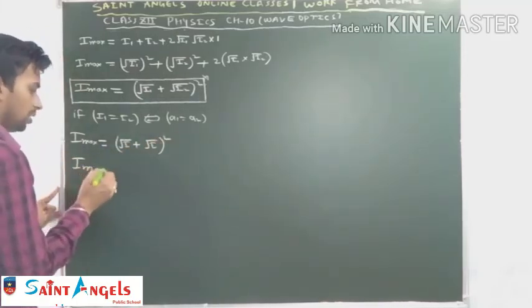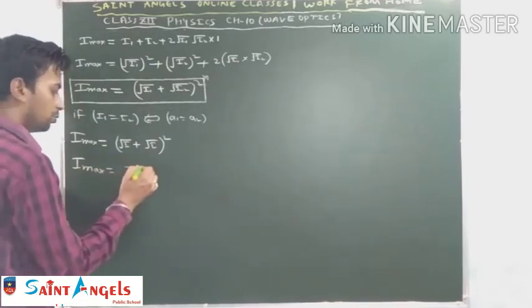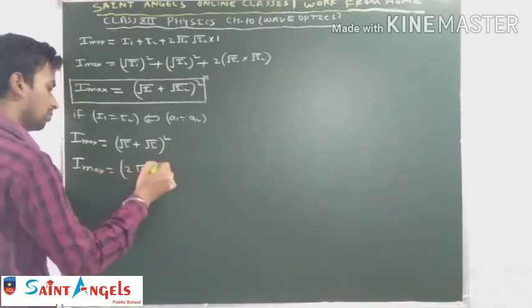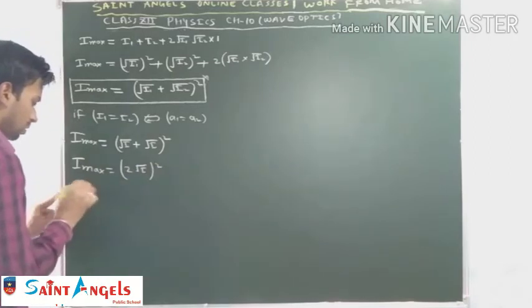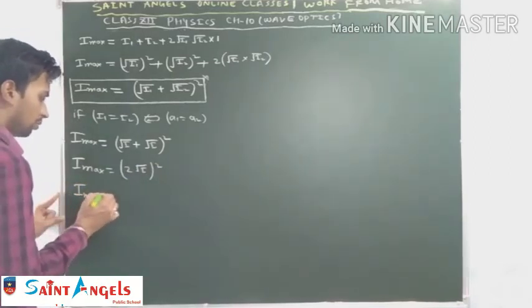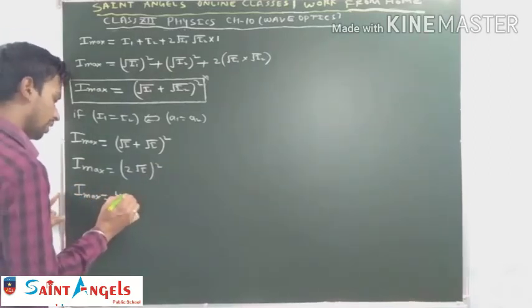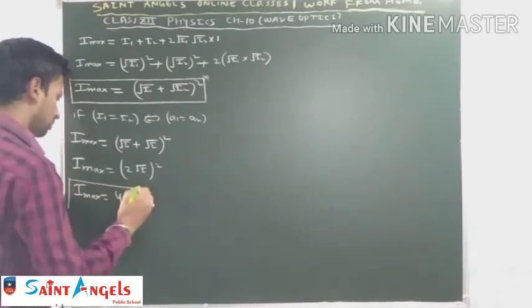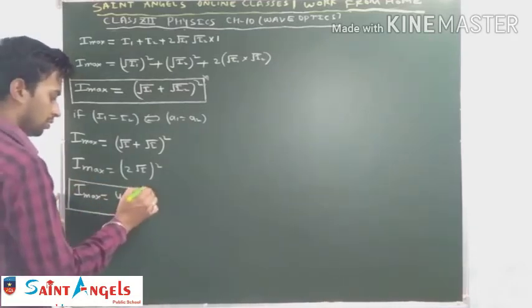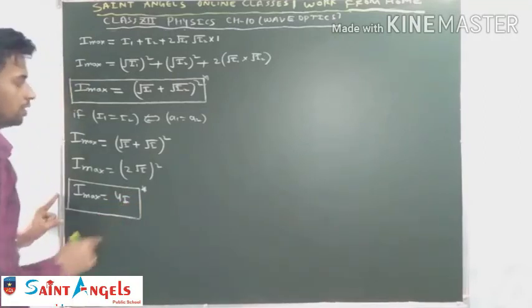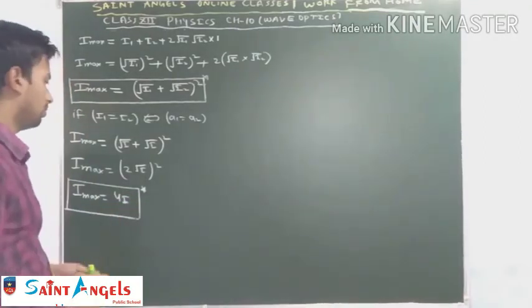Maximum intensity is equal to 2 root I whole square. That is, maximum intensity is equal to 4I, where I is the intensity of each wave.